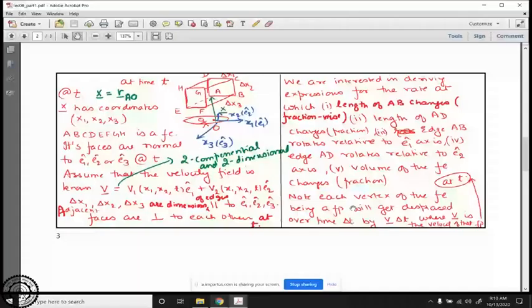So point A will translate by the velocity vector that exists at point A at this time, multiplied by delta t. And similarly, point B will translate and go to a new place, and that translation will be governed by whatever is the velocity of B at this instant multiplied by delta t, and so on. So it is the velocity field that will force all these fluid particles, which are part of the fluid element, to translate according to the velocity field. And because of that, the cuboid, which is a cuboid right now, may not remain a cuboid at t plus delta t. That is the idea.